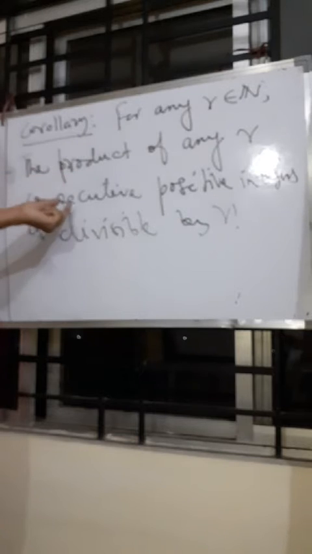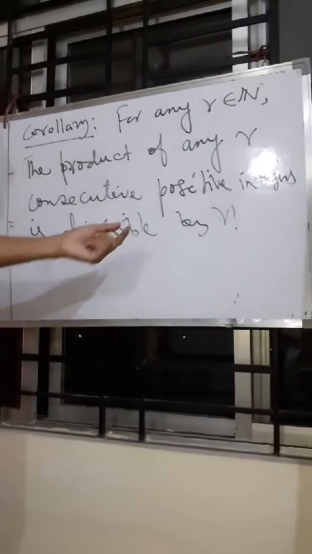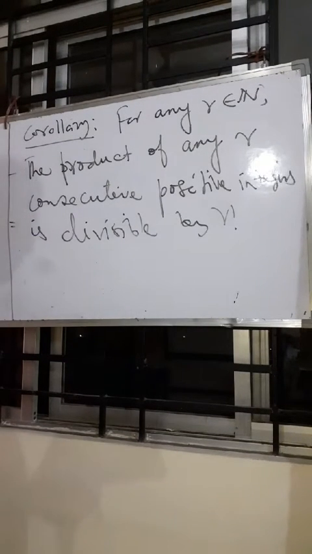So if you take any positive integer, the product of any r consecutive positive integers is divisible by factorial r.